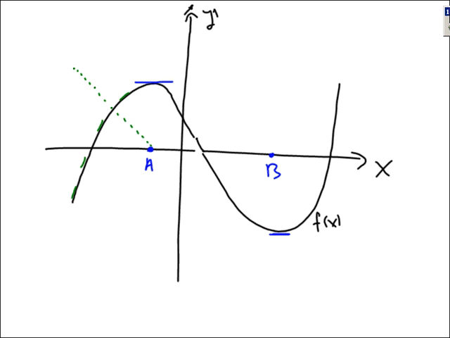Okay. Now, the slope here is negative, more negative, more negative, more negative, and there's a point of inflection. It's now less negative, even more less negative, and eventually it's 0.